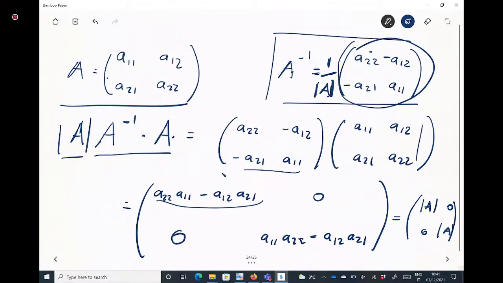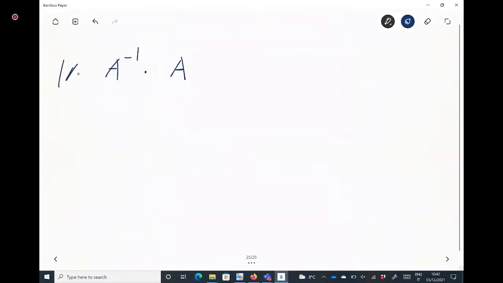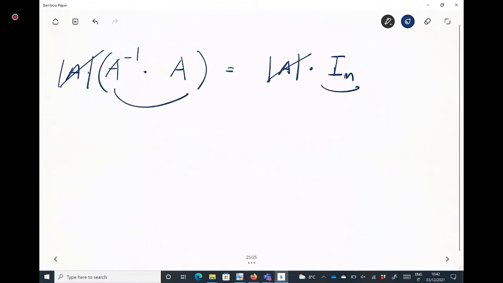If you do that, you obtain that the determinant of A times A minus 1 times A is equal to basically a square matrix, which is scalar. It has the determinant of A times the identity matrix, okay? So basically, we have shown that the product of a matrix and its inverse is the identity matrix.